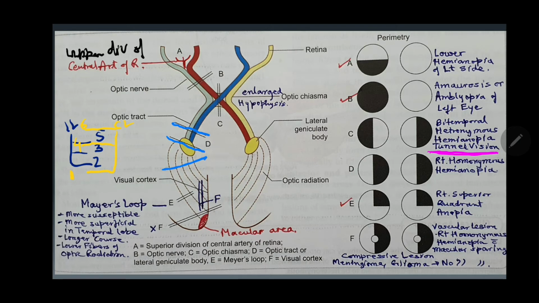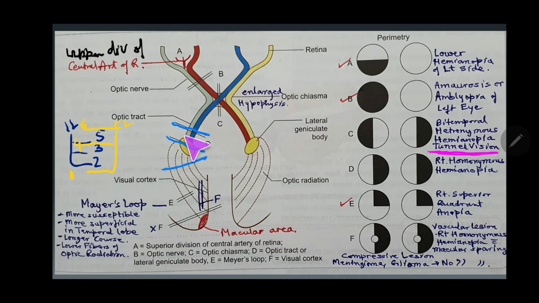Now from here, remember the fibers representing the lower half of the retina dip downwards, forwards, and they cross. This is happening here in the temporal lobe.